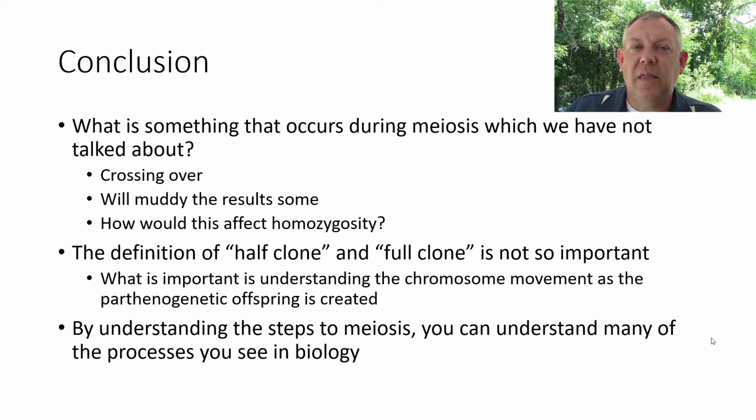You can understand that if you follow those chromosomes and see how the homologous pairs are not identical. Even though they all came from mom, those offspring are not full clones of their mom. And so that's what's important, understanding how those chromosomes move.